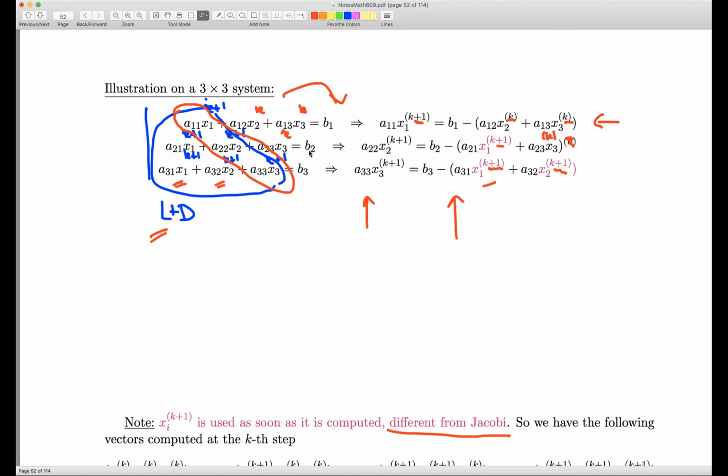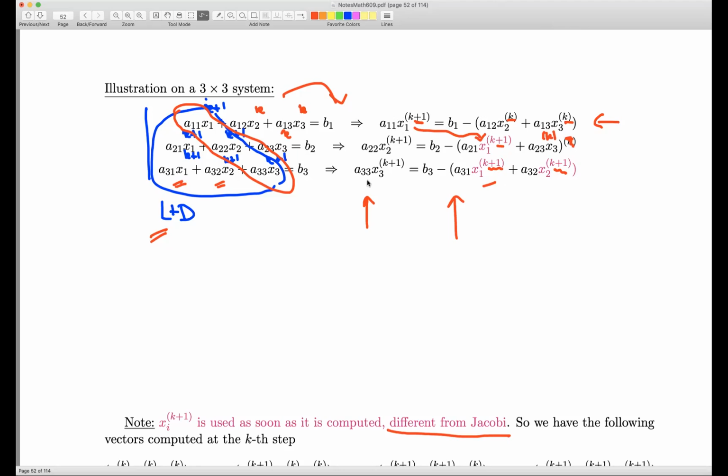And now when we go on the second row to compute x2, the second component of the vector k plus 1, we are using x3^k because we have not computed x3^(k+1). But we are not using x1^k. We are using x1^(k+1), which we have computed from the previous row.